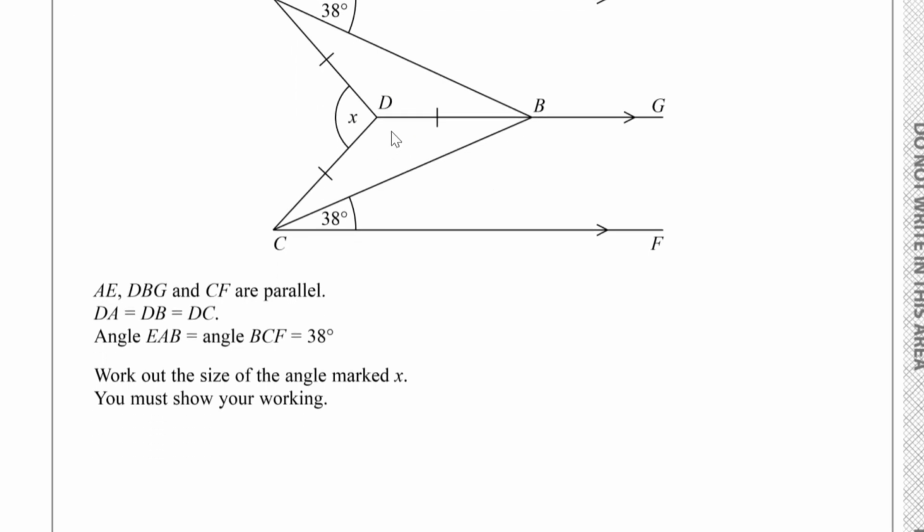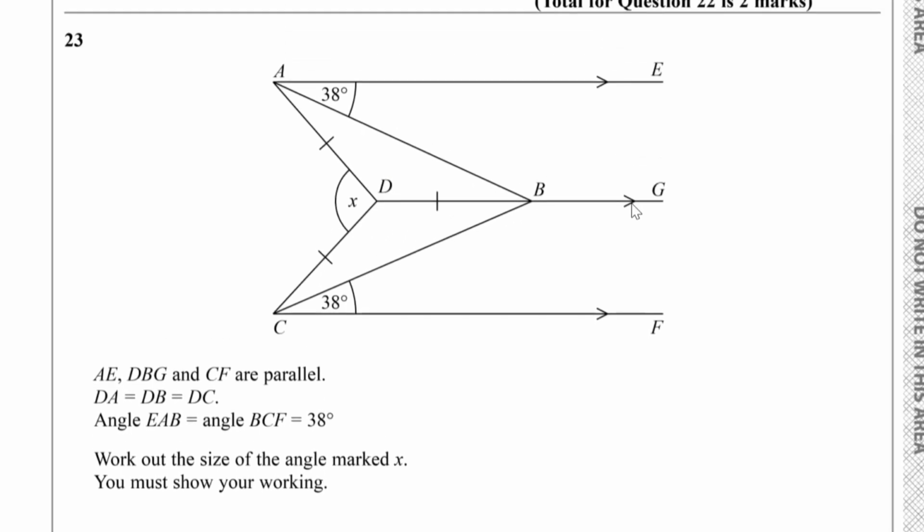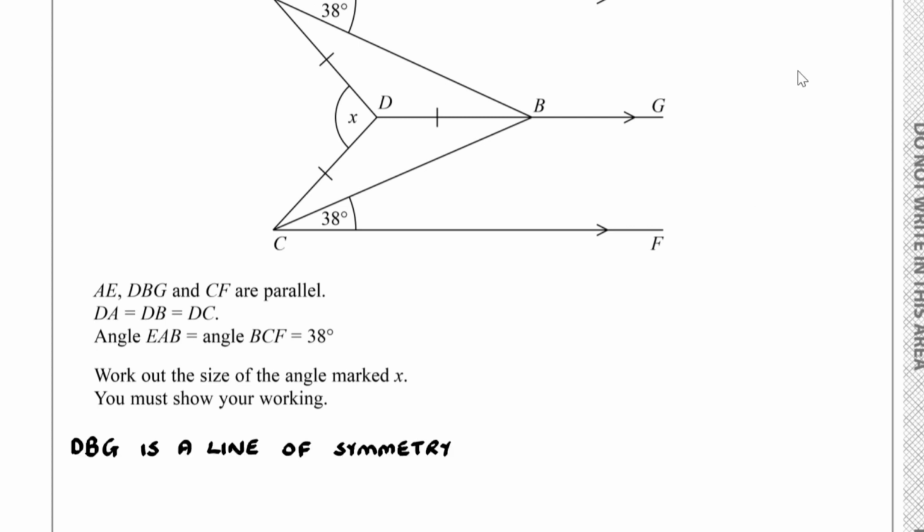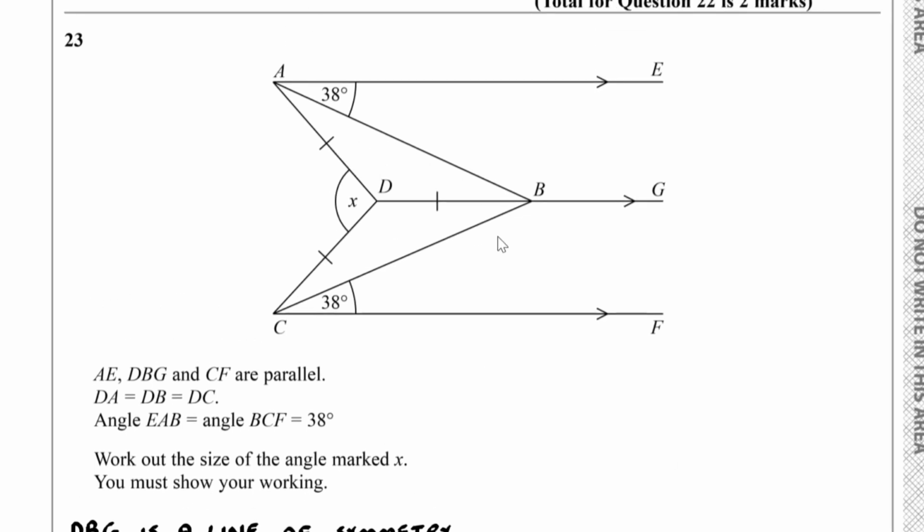Well, first of all, what we can see is we've got some line of symmetry here. The first thing we can mention is DBG is a line of symmetry. Now, what we can first of all see is the angle ABD, which is this angle here, is also equal to the angle CBD.